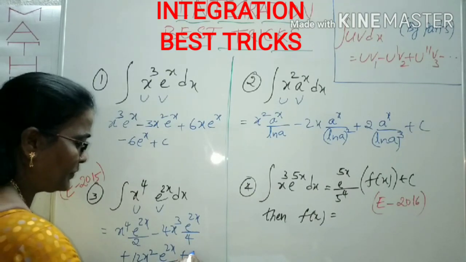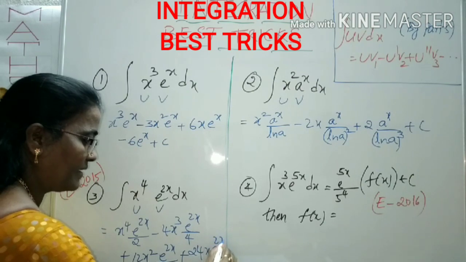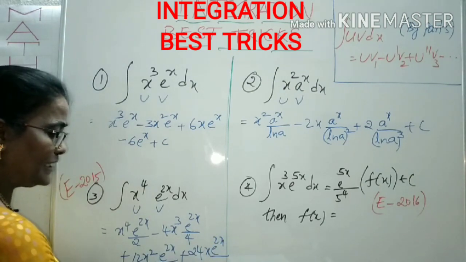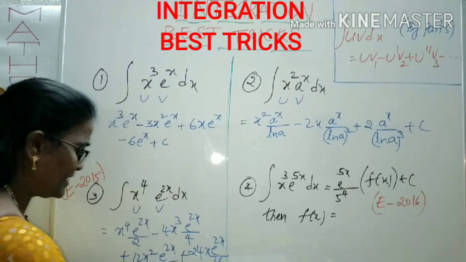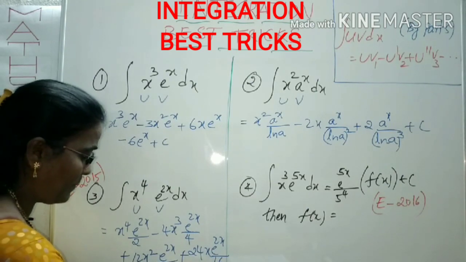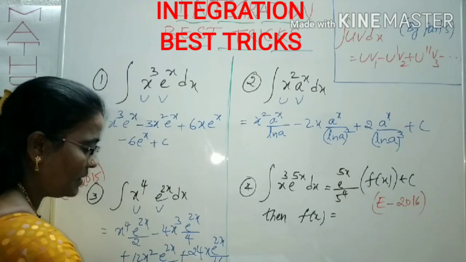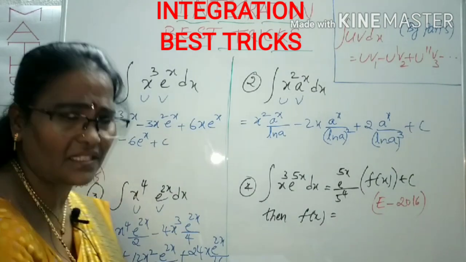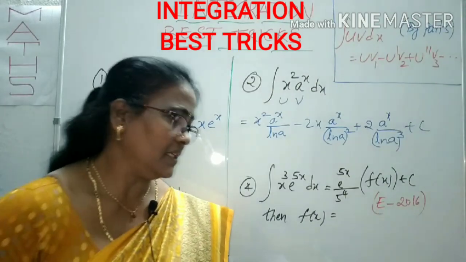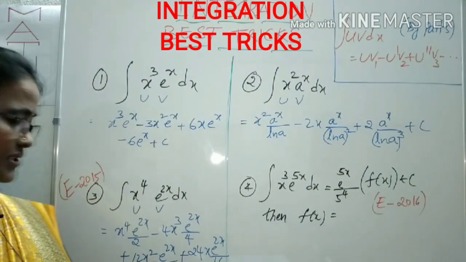Plus 24x, of e power 2x by 8 into 2, 16. Now finally what is the next step? Minus 24, x derivative is 24, into e power 2x by 32. Plus c, no need to use it, it is already in the option.